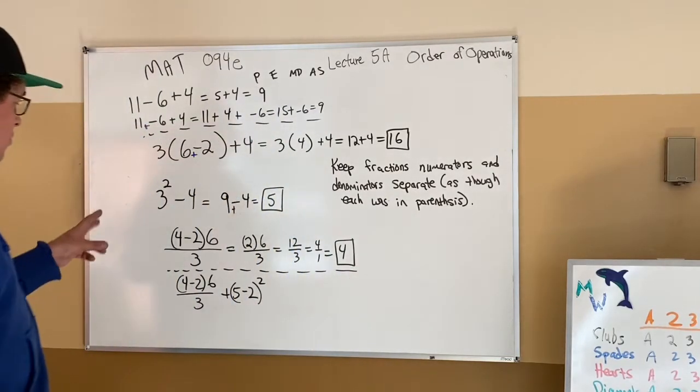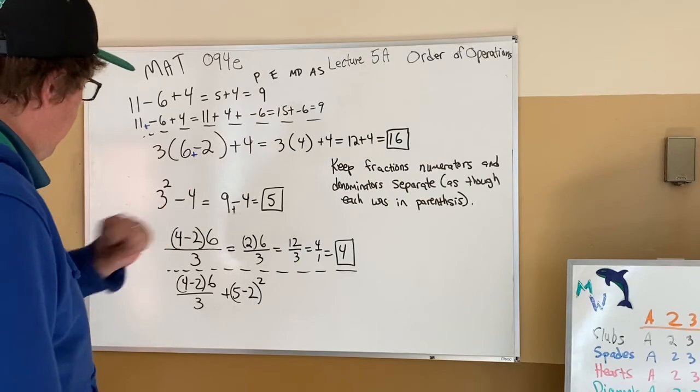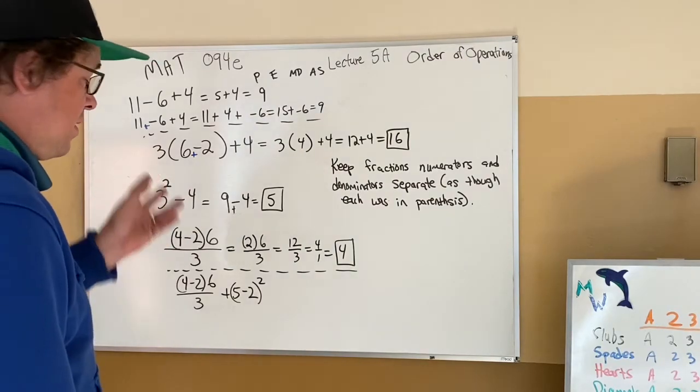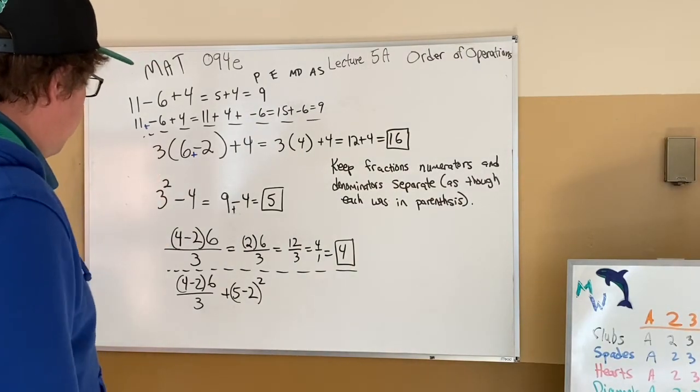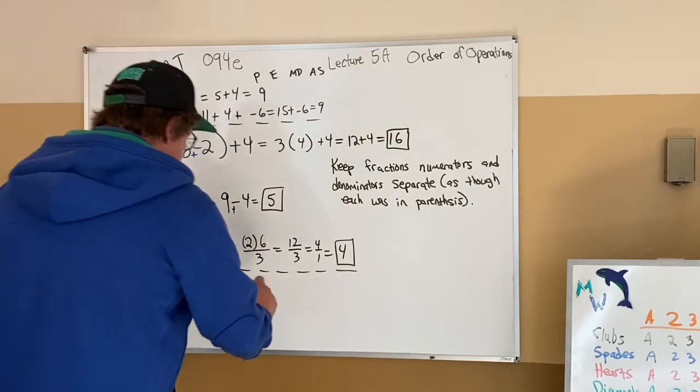It is in the numerator of the first term, parentheses around 4 minus 2, then a 6 behind it. In the denominator, we have a 3. Plus, beginning the next term, in parentheses, we have 5 minus 2, and then that pair of parentheses is raised to the power 2. What we need to do first is get the parentheses each down to a single value.